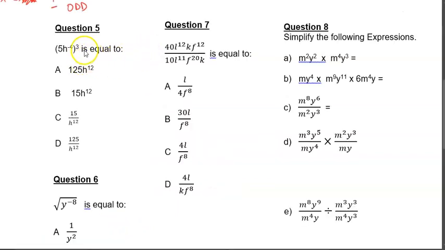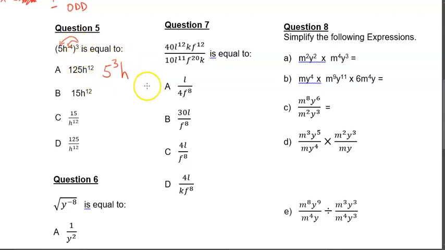Question 5, we have 5h to the power of negative 4, all in brackets to the power of 3. That 3 gets applied to both the 5 and the h to the power of negative 4. 5 to the power of 3 and h, when there are two powers, they get multiplied, where the inside bracket with the outside bracket.